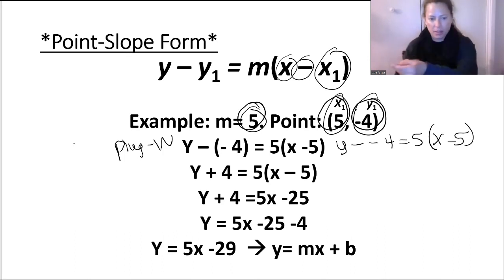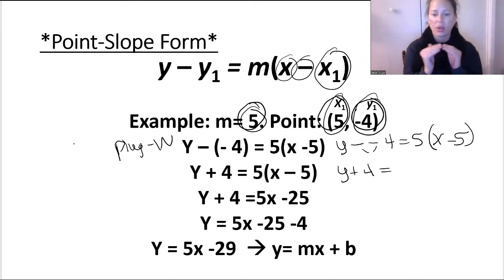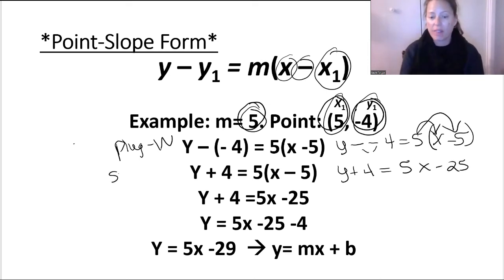Now I'm just going to do some simplification. Okay, so I see that can turn into y plus 4 equals, I could do the distributive property here. That would be 5x minus 25. So all I need to do here is simplify and do the distributive property.